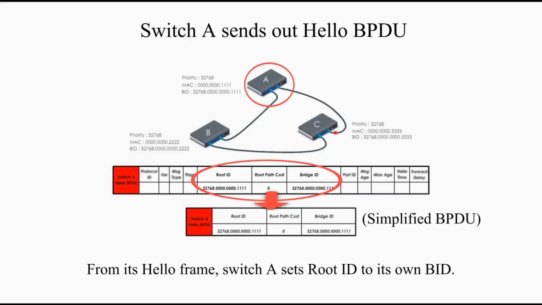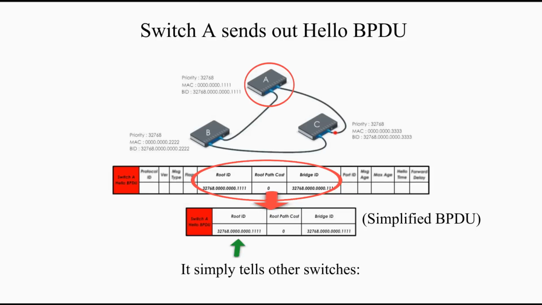In its Hello frame, switch A sets the root ID to its own BID. It simply tells the other switches, "Hello everyone, I am the root bridge." And the path cost value is set to 0 because the path cost to itself is, of course, nothing.